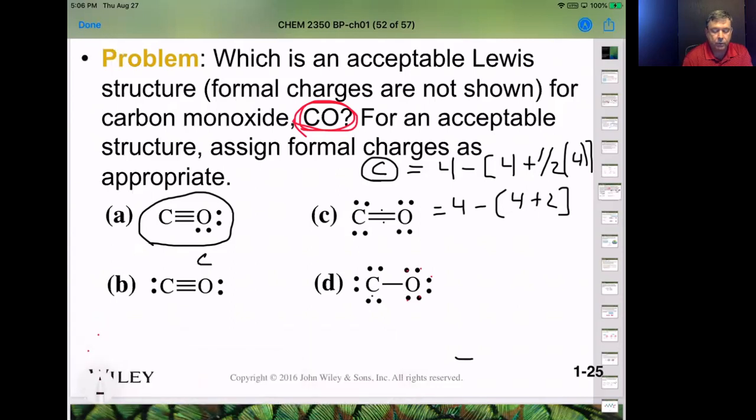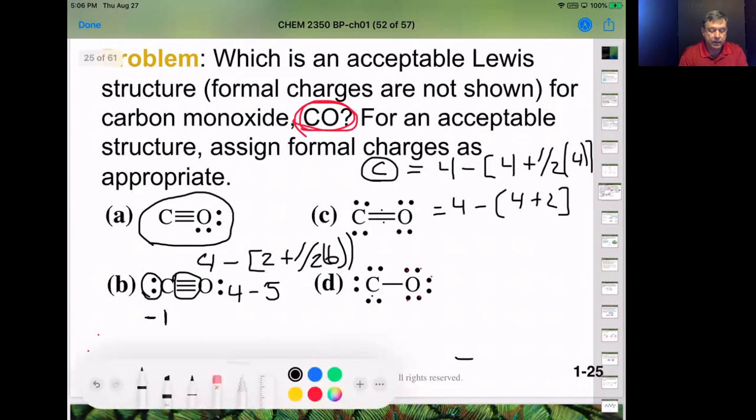Carbon brings 4 valence electrons, and we subtract the non-bonding, which is 2, plus 1/2 of the bonding, which is 6. 1/2 of 6 is 3, so we have 5, and 4 minus 5 means the charge on carbon here is -1.